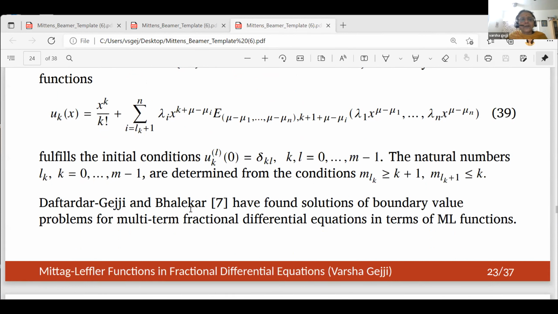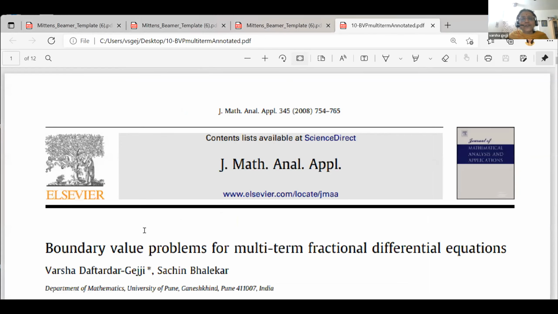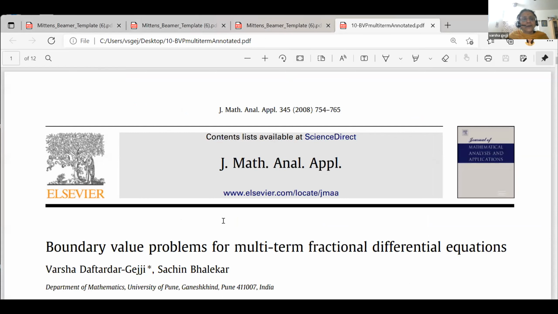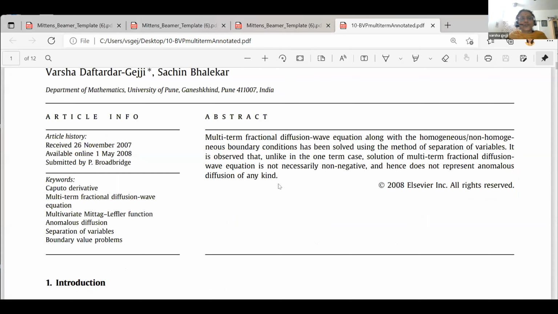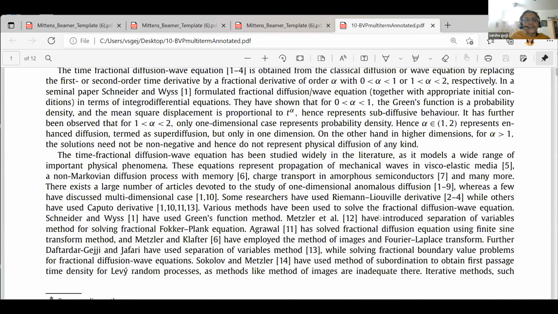Now, with Sachin Bhalekar, we have found solutions of boundary value problems for multi-term fractional boundary value problems. So again there, I will just share that briefly. So this paper appeared in 2008, where again, whenever we consider interesting initial value problems, all these series have appeared.